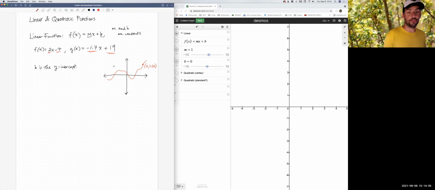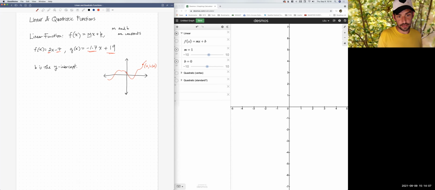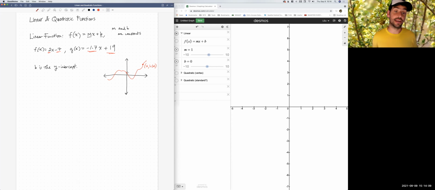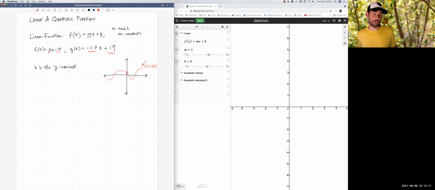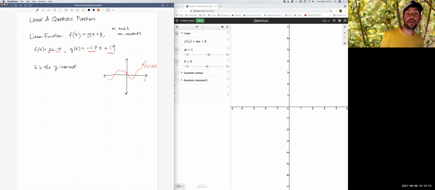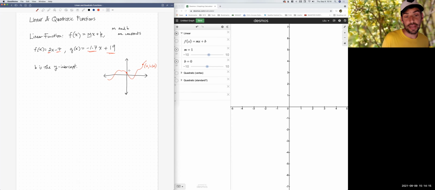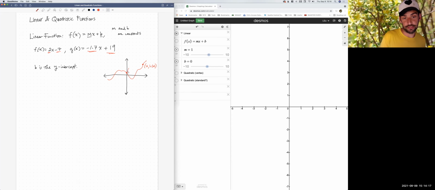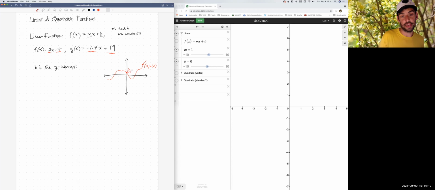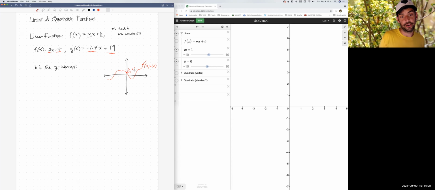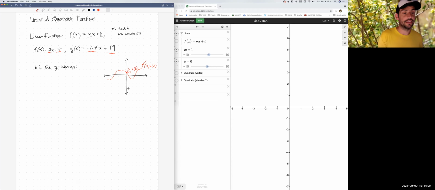So the y-intercept, or the vertical intercept, is the place where the graph hits the y-axis, right? It's always going to have the coordinate 0 for the x-coordinate, and whatever our function is evaluated at 0.